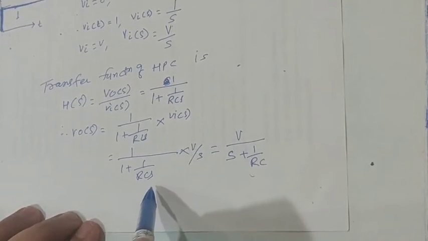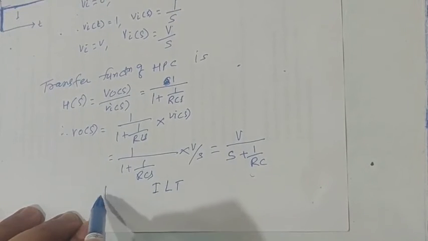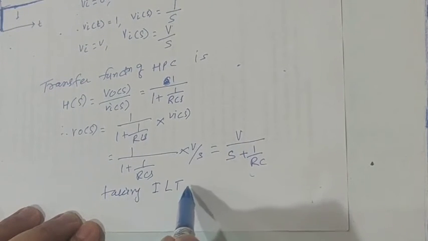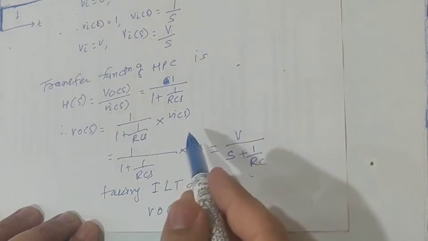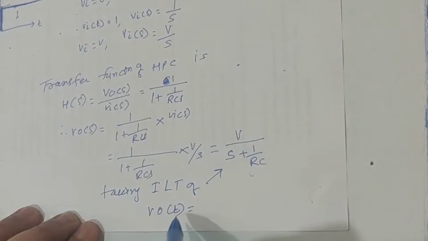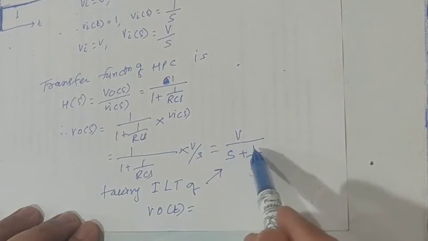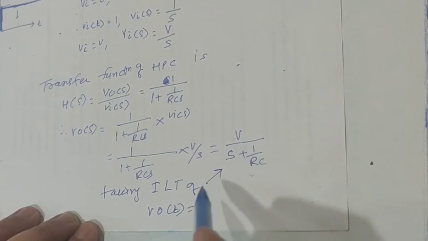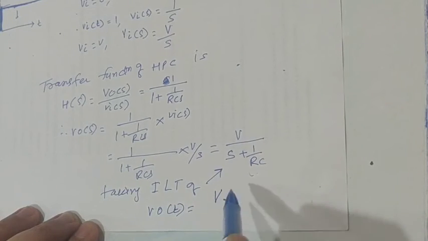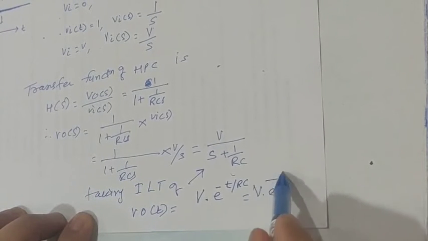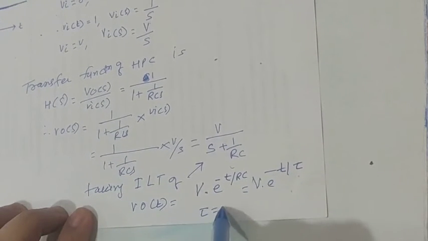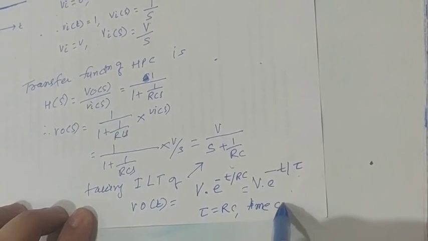So if I take the inverse Laplace transform of this expression, we will find that the output is going to be V0 of t, because I want to sketch the output waveform, so of course I want the waveform in the time domain. I am converting the Laplace expression to the time expression. It will come out to be V into e to the power minus t by RC, or V into e to the power minus t by tau, where tau is nothing but RC, which is called the time constant.